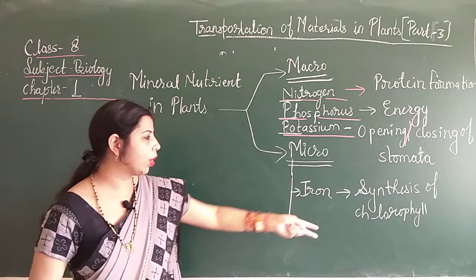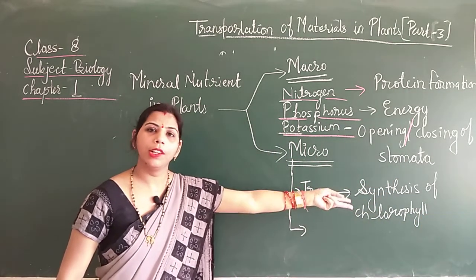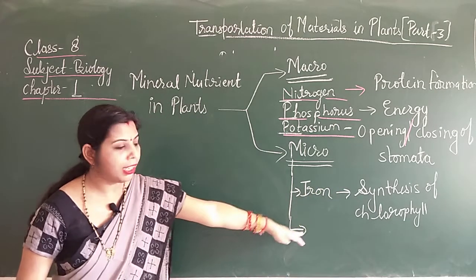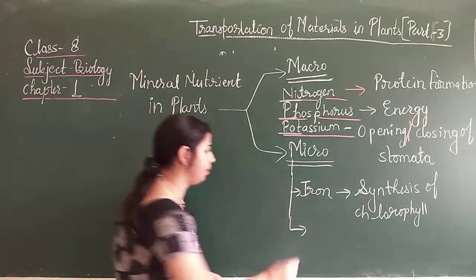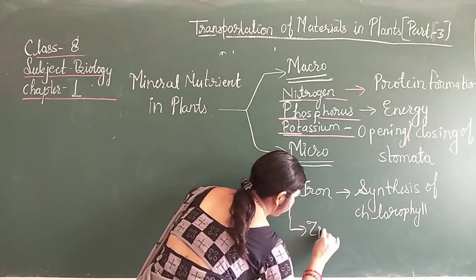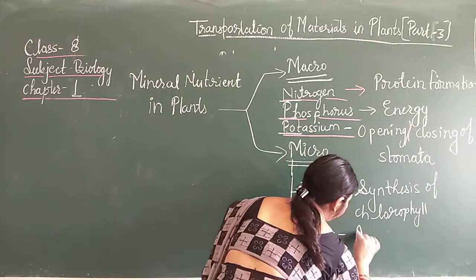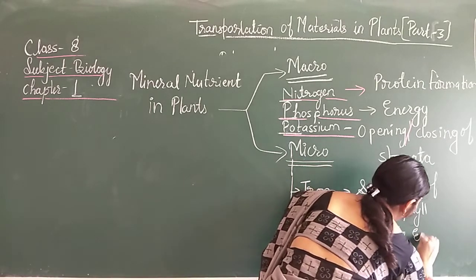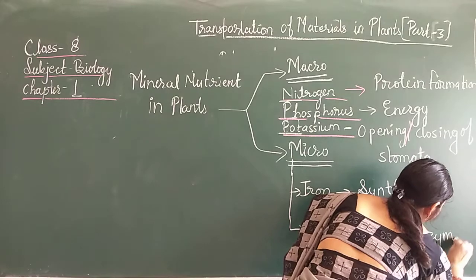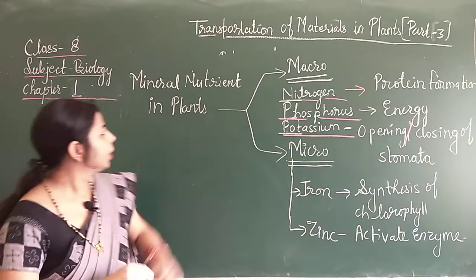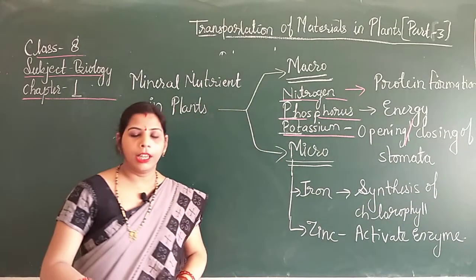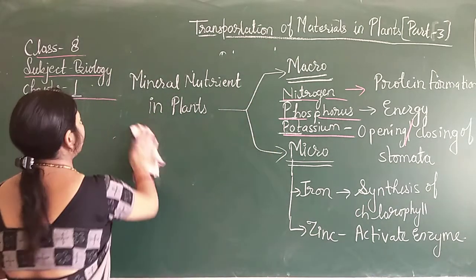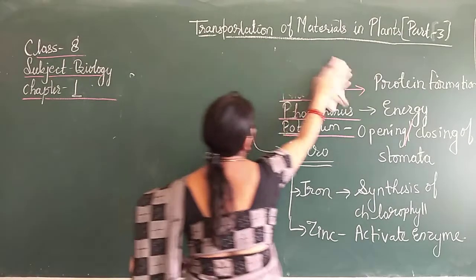That's why it is required, because if chlorophyll is not present, the process of photosynthesis will stop. And zinc activates enzymes. Okay, so this is the information about the nutrients required by the plant. Now let's see another topic, transpiration.